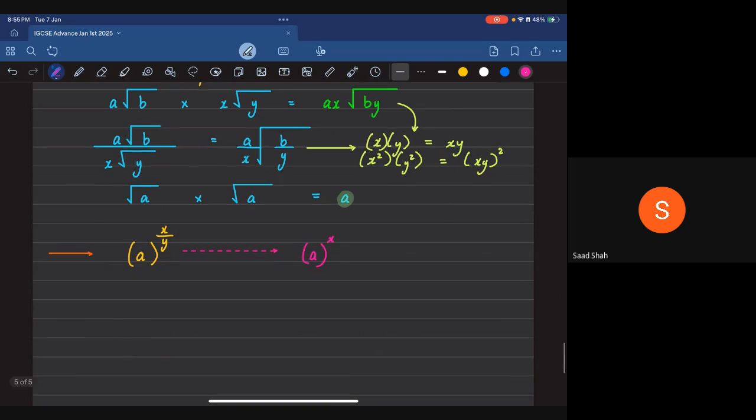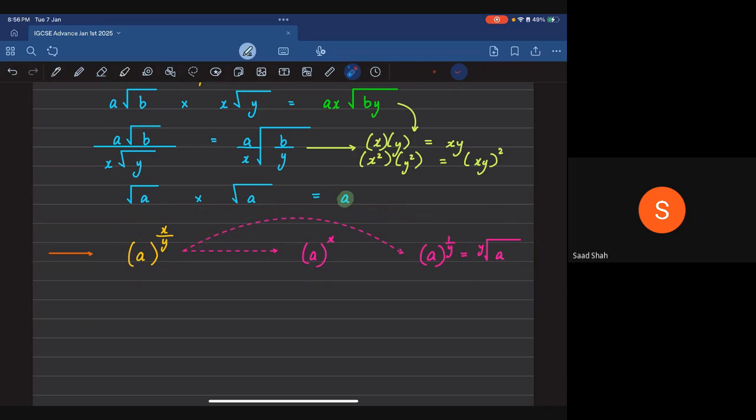And then next, you have a raised to the power 1 over y, that's happening, right? These were the two possibilities that we were taught, which is going to be your root of y with base a.